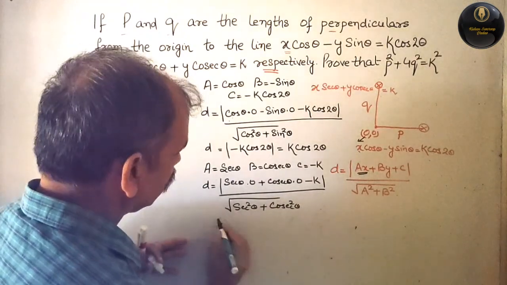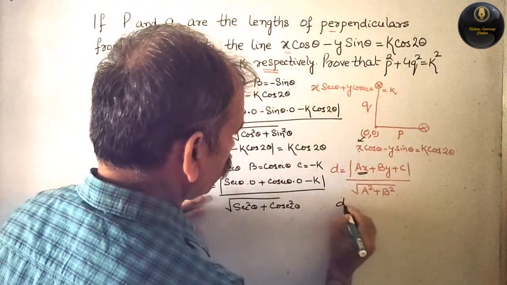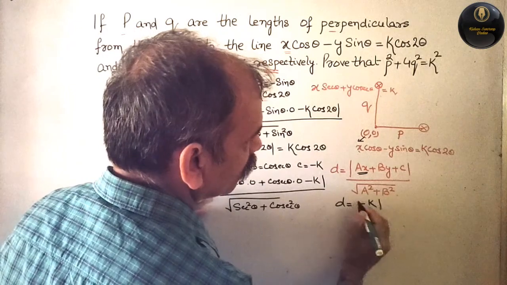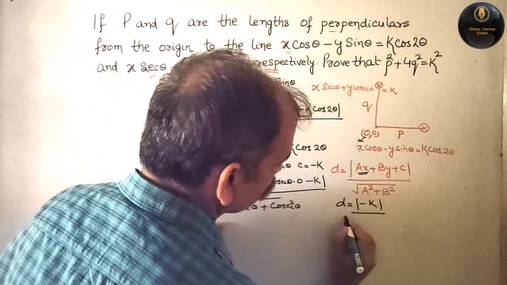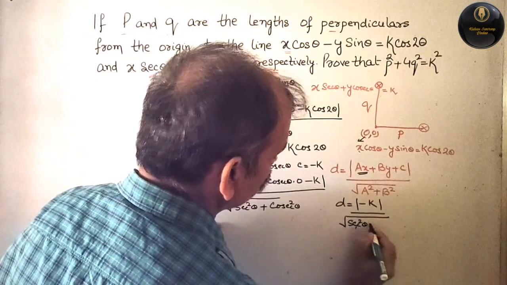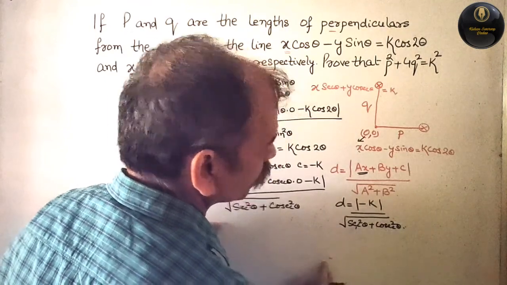So what will we get? D is equal to modulus of minus k by root over sec square theta plus cosec square theta.